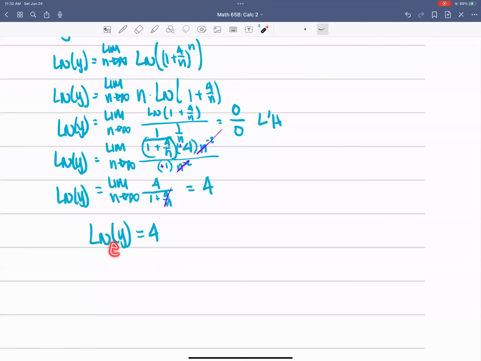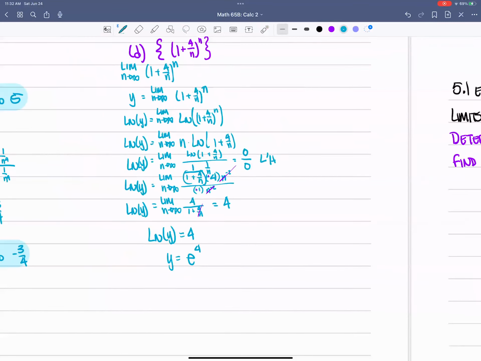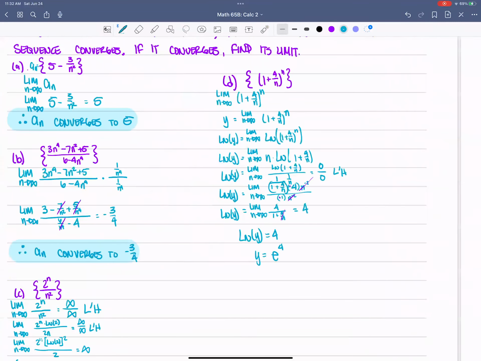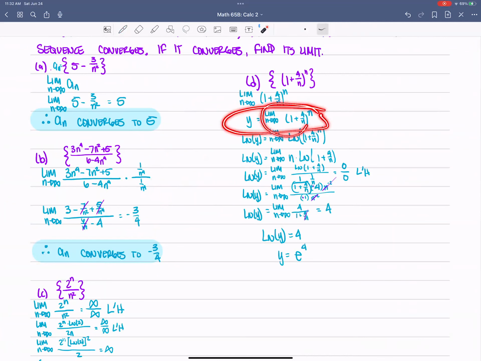So we have e to the power 4 is equal to y, or y is equal to e to the power 4. And because y is equal to e to the power 4, we look at what y was. Over here, we set y equal to the limit of all of this. So the limit of all of this ends up being e to the power 4.